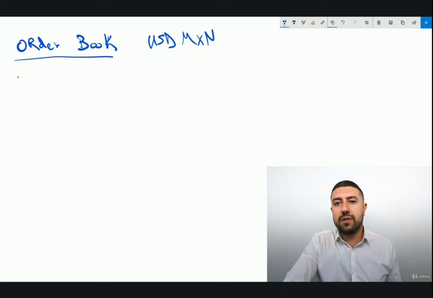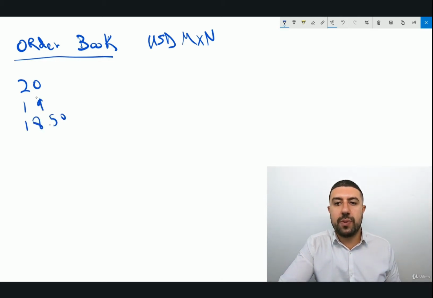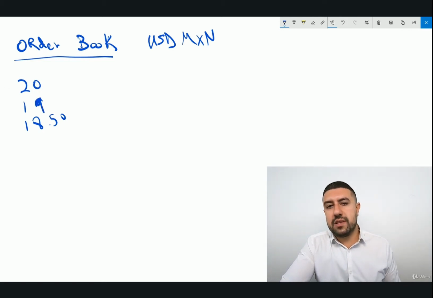Well, you'll have the buyers, so people who want to buy Mexican pesos with USD. So let's say somebody wants to buy at 20 pesos per US dollar, okay? Well, somebody else wants to buy at 19. Maybe somebody else wants 18.50, right? There's a bunch of buyers. And this is the price. There's going to be a quantity too, but let's just assume there's just the price for now.